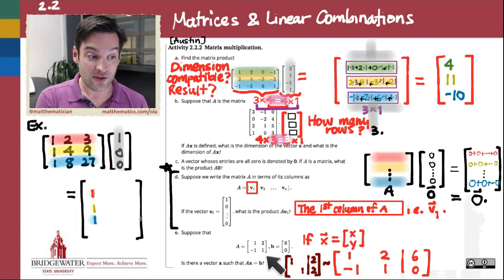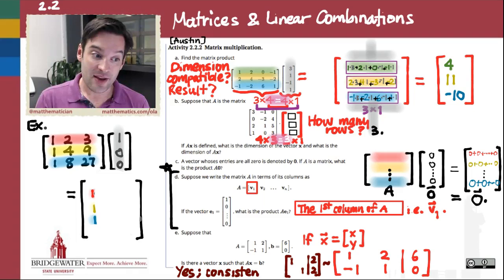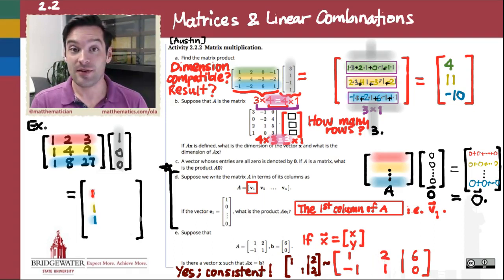So is there a vector such that A times x is equal to b? Yes, specifically the vector 2, 2. So we have a system which is consistent. And because the system is consistent, there exists a solution to Ax equals b. We knew that because there was a full set of pivots for this system of equations that we got from multiplying A times x and setting it equal to b.